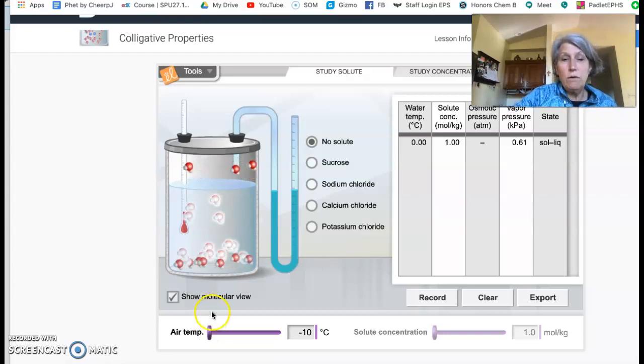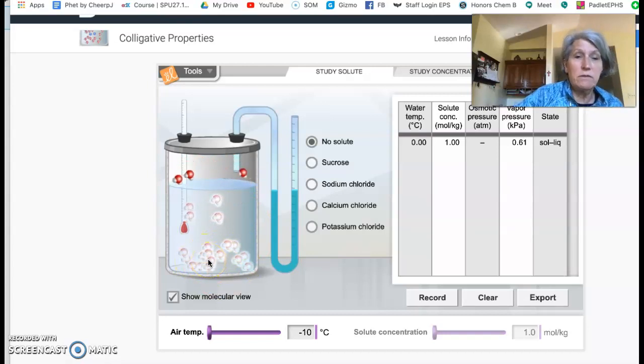Now, you notice that when we put a solute in here, it will even lower the freezing point. So it doesn't increase it, it will lower the freezing point even lower. So I'm going to go to like a -6 here.